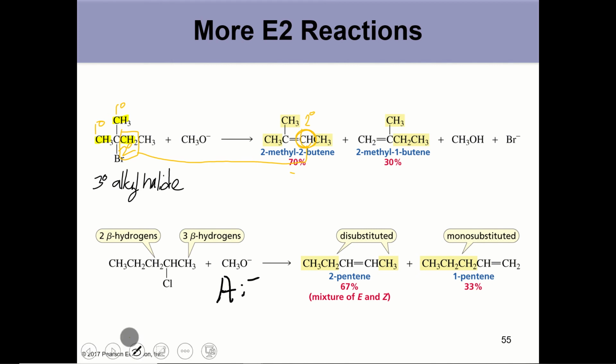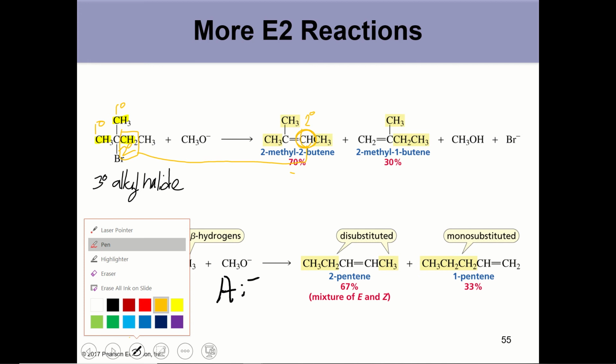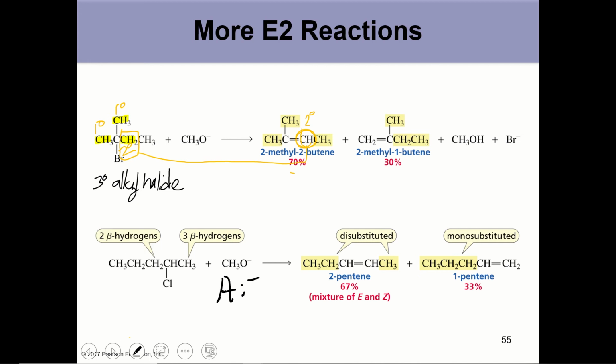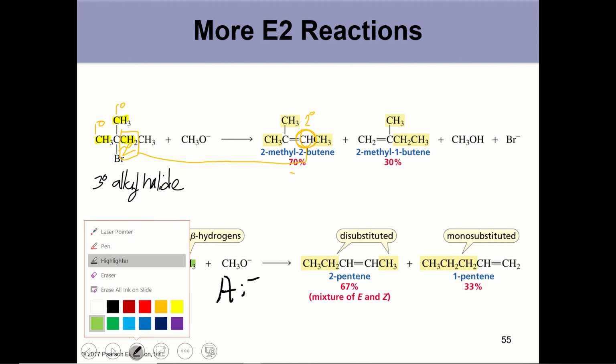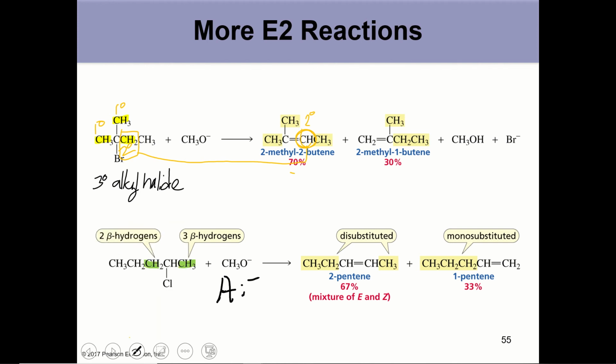In the example below, we have 2 beta carbons, one is secondary and one is primary. And so it's predicted that the proton that is eliminated will come from the secondary carbon to give the major product.